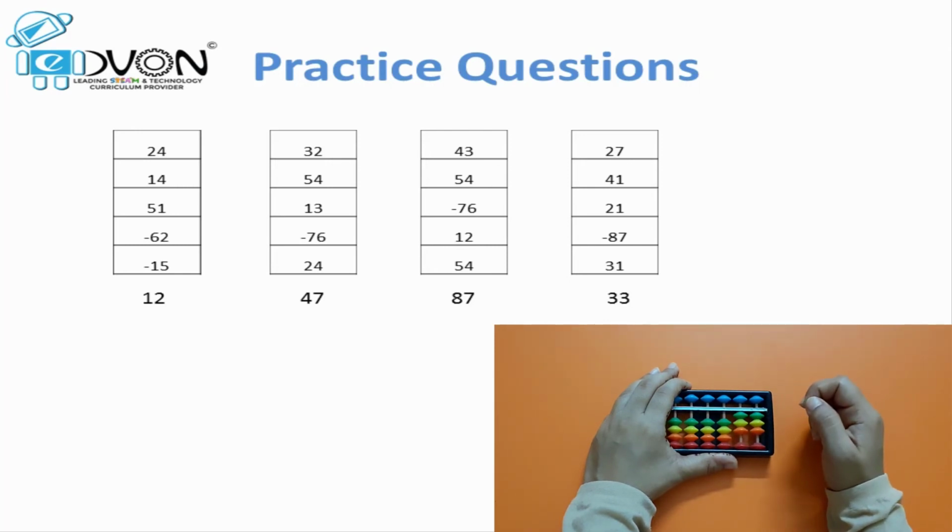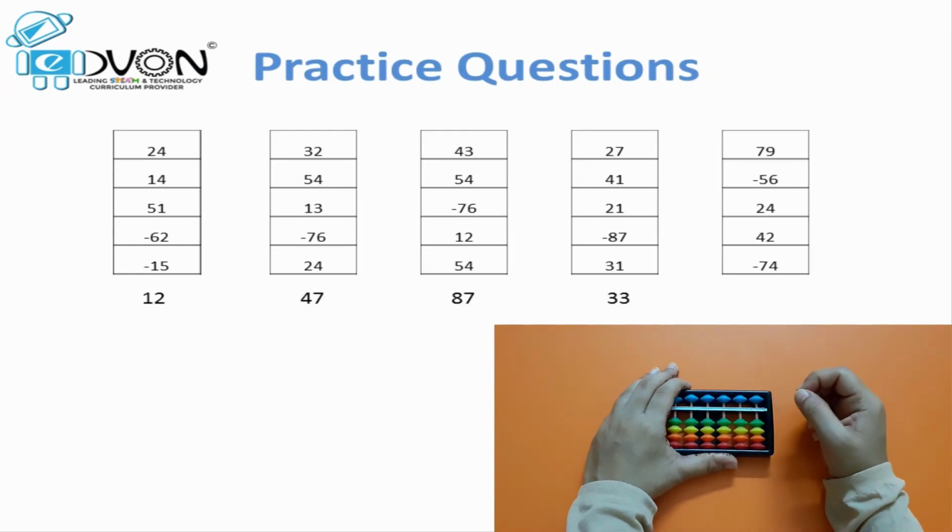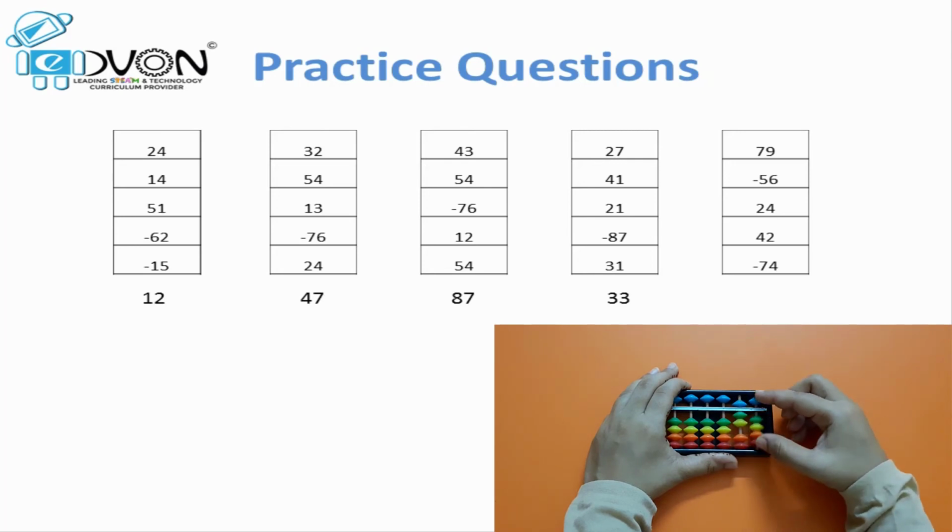Answer 33. Last question is 79 minus 56 plus 24 plus 42 minus 74.